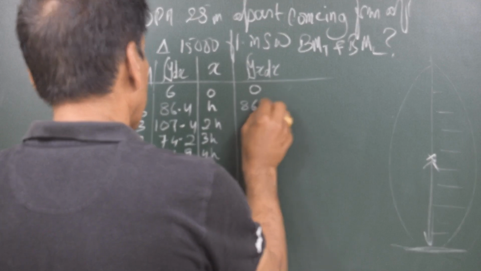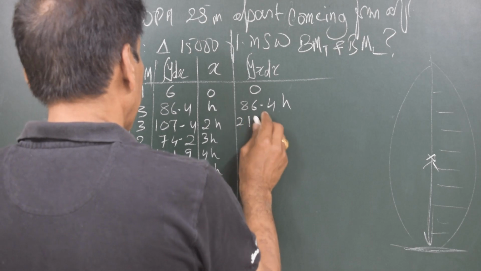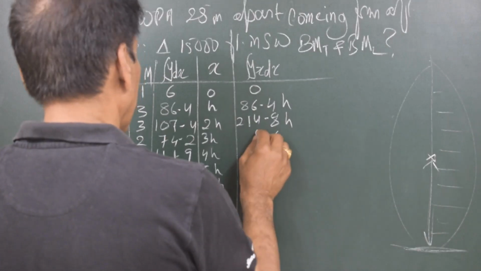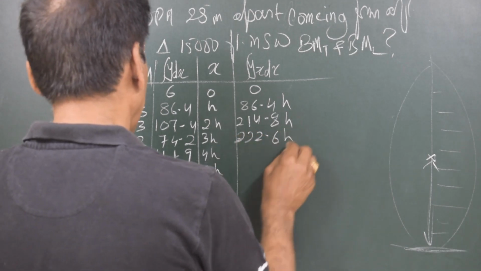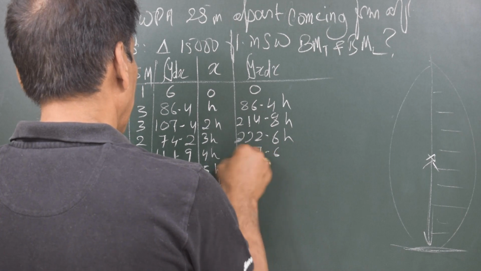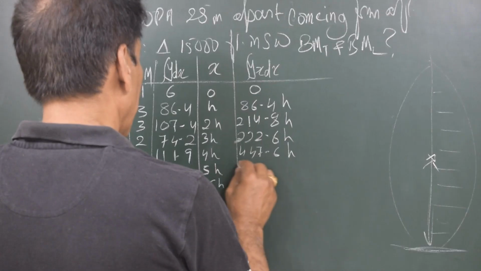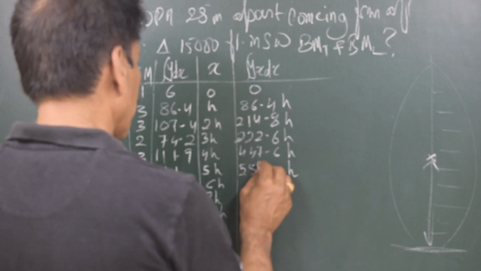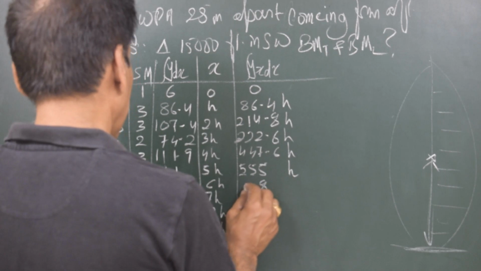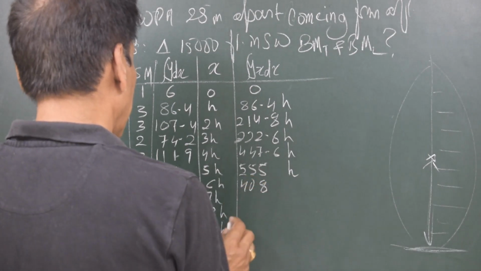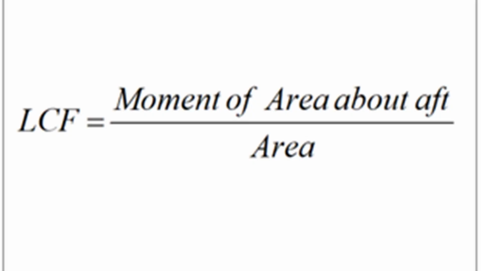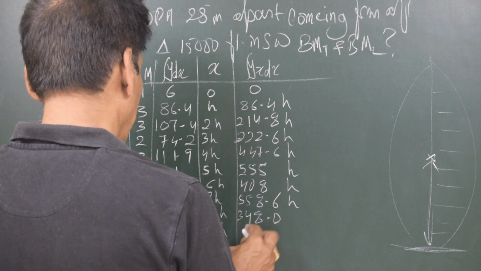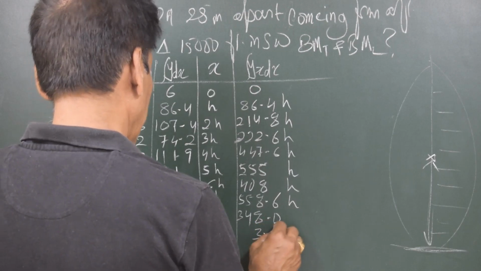From 0 here, 86.4h, 214.8h, 222.6h, 447.6h, 555h, 555h, then 408h, and 3.6h.